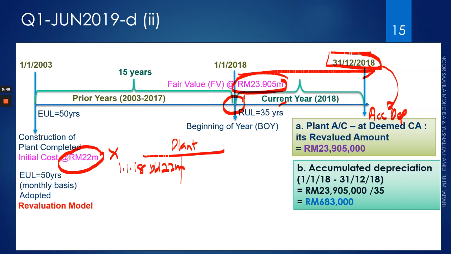But since you revalue the asset, there was a revaluation, fair value versus cost, and the cost here will now be the carrying amount. The carrying amount is going to be cost minus accumulated depreciation.